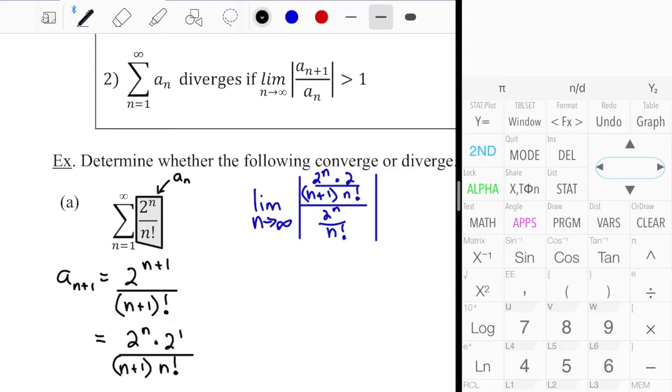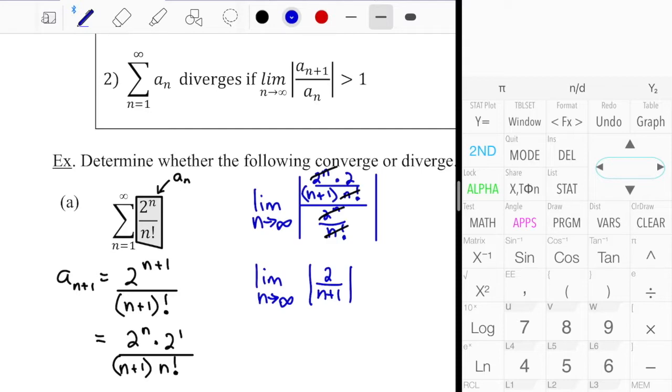So you'll see the 2 to the nths cancel, the n factorials cancel, and we're left with the limit as n approaches infinity of a clean 2 over n plus 1. The absolute value would be irrelevant, because if I'm going to positive infinity and I'm only working with sums and positive numbers, I'm only going to get a positive result.